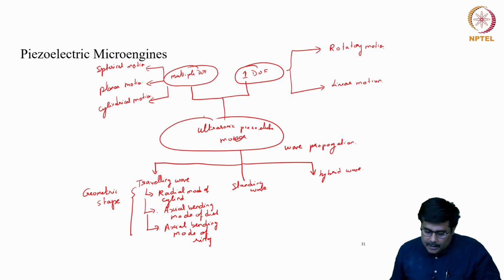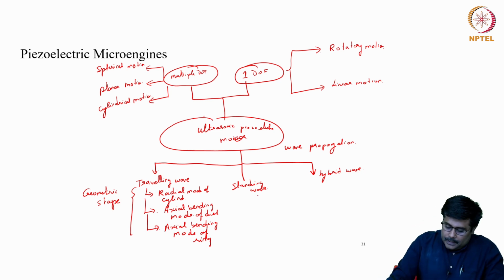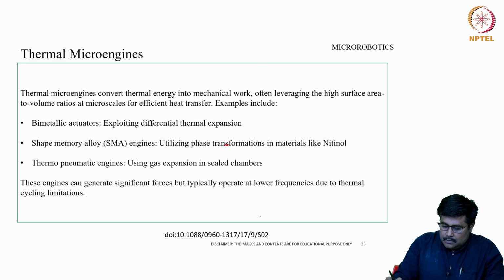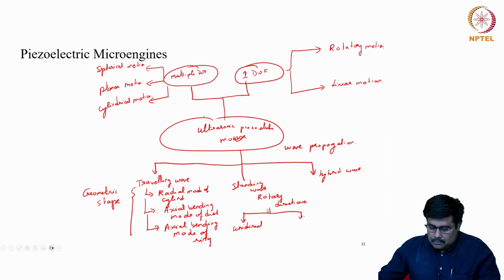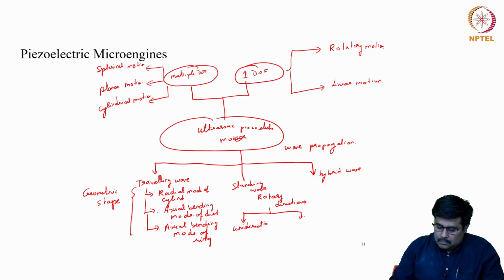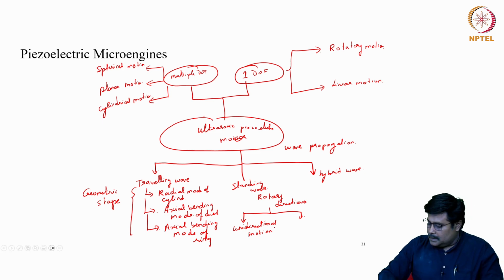Similarly, in the case of standing waves, it is based on the rotary direction. We can classify as unidirectional motion and a bidirectional motion.